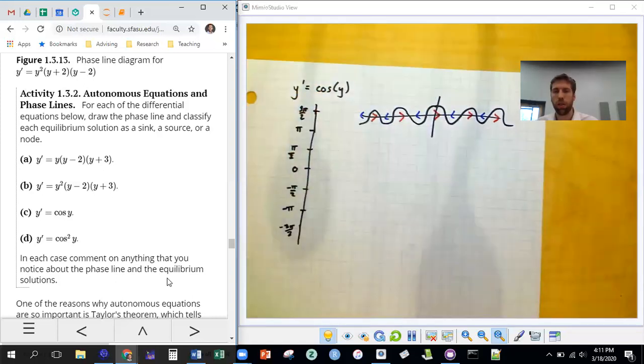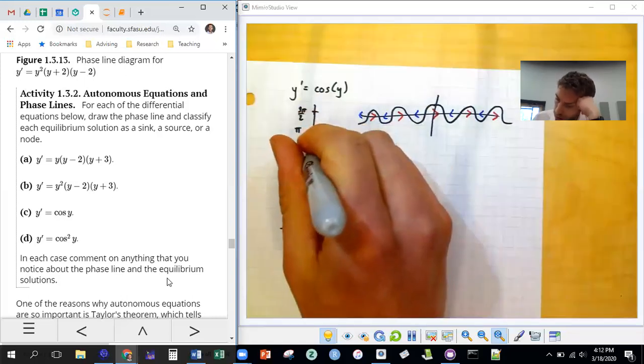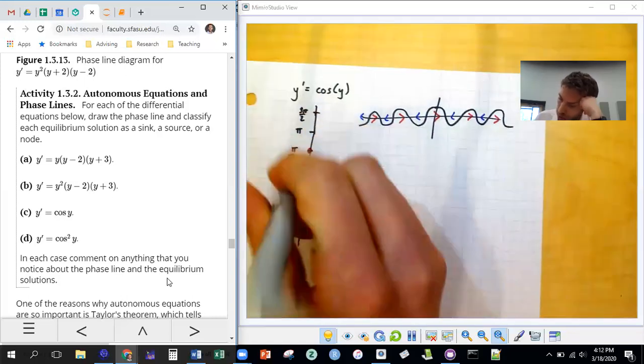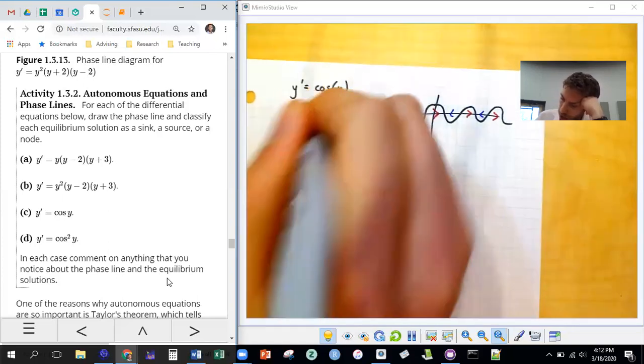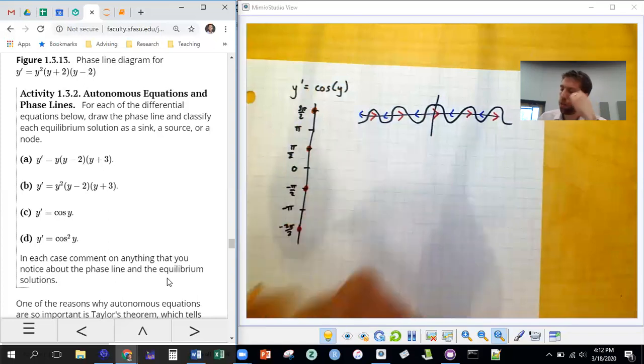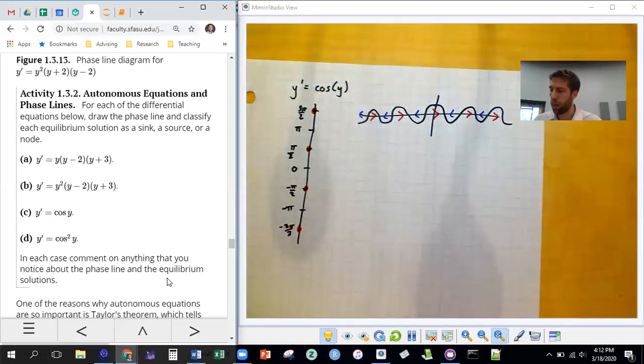So I've got zeros at pi over 2, and negative pi over 2, and 3 pi over 2, and negative 3 pi over 2.